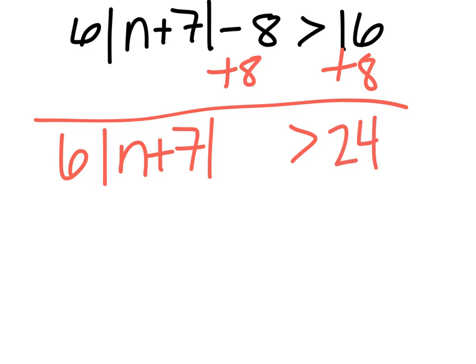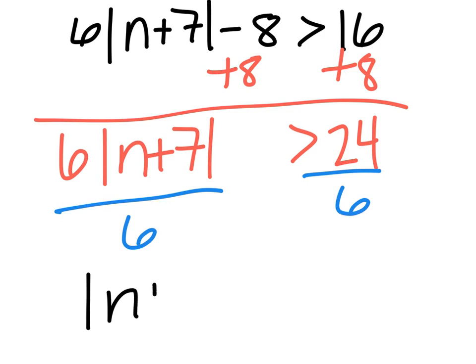Next thing we have to do is get rid of that 6 that's attached to it. Remember, we cannot distribute into it, so we're going to divide everything by 6. You still have the absolute value here. So we have the absolute value of n plus 7 is greater than 4.